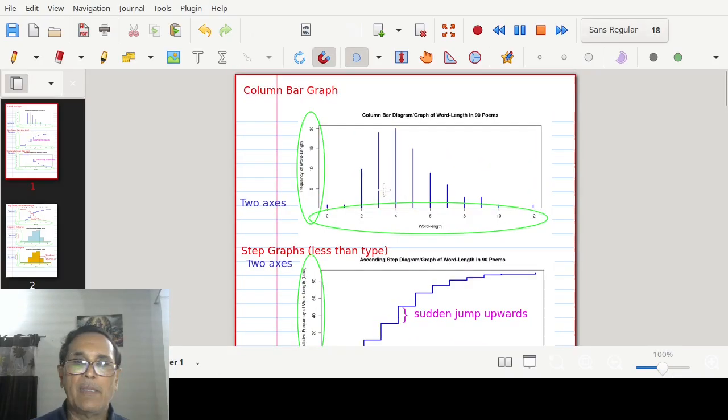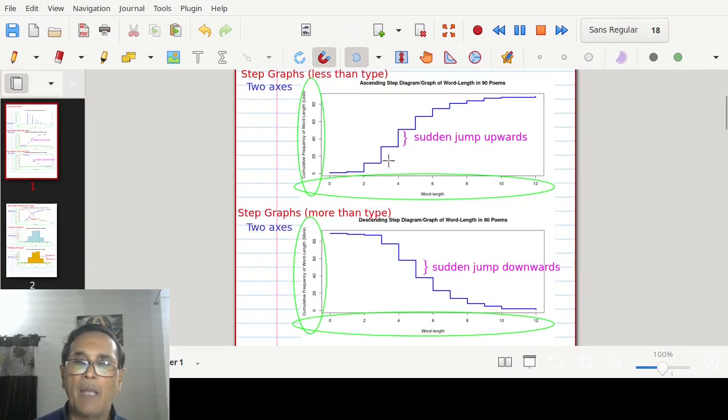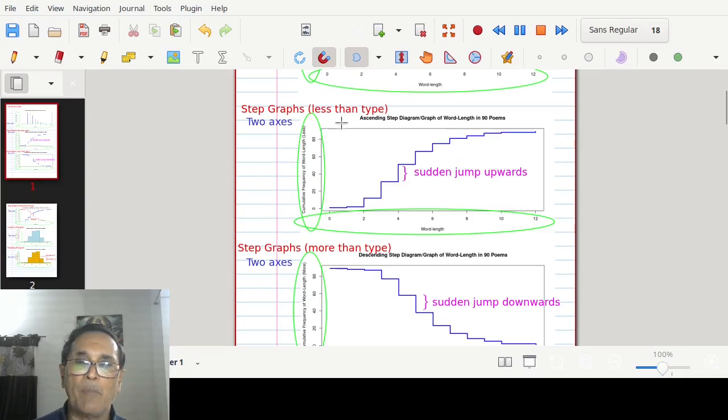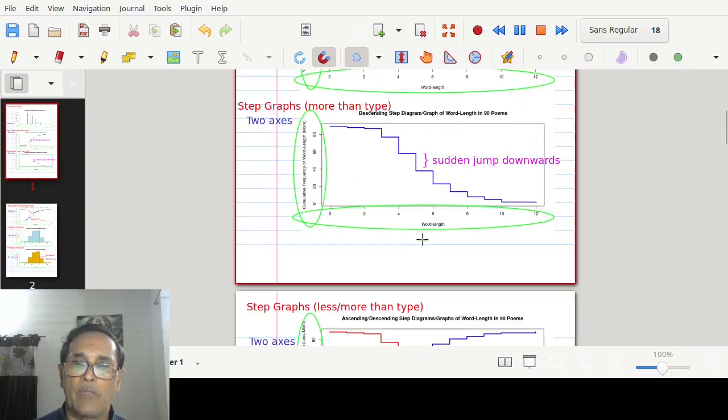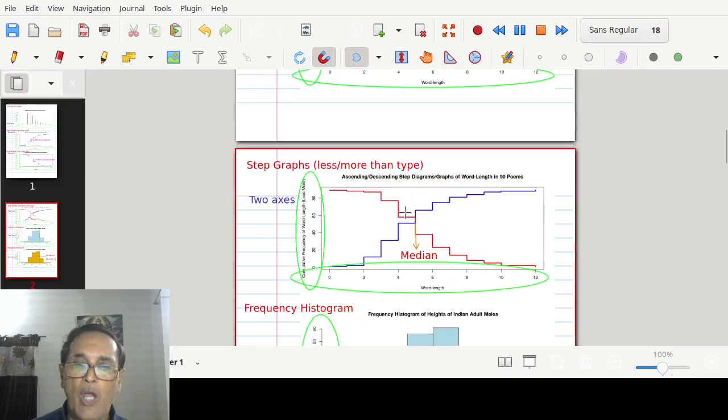You see these are all two axis diagrams, sudden jump, this is sudden downwards jump, this is upward jumps, both are two axis diagrams. This is step diagram of less than type, this is step diagram of more than type, but when we cross it, we have a step diagram of less and more than type on the same graph.